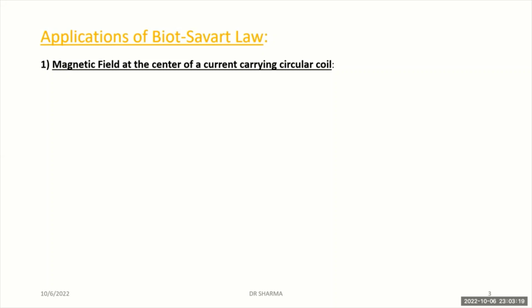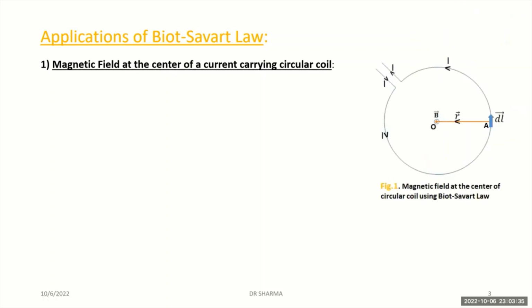We can find magnetic field due to different shapes of conductors carrying current using Biot-Savart law. One of these is the magnetic field at the center of the circular coil. Here we consider a circular coil of radius r carrying current I in anticlockwise direction as shown in figure 1 here.